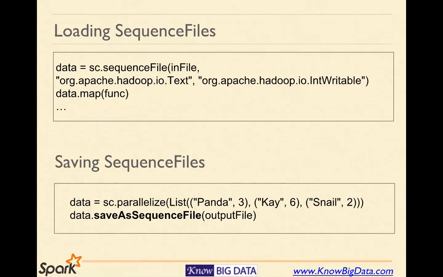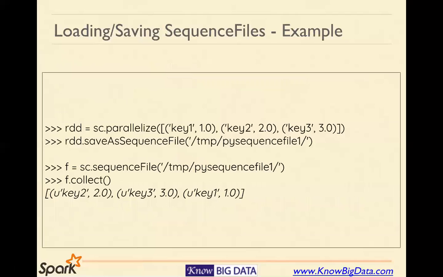Sequence file is nothing but a binary key value pair collection. So you have to specify what is the data type of the key and the value. Okay, this is something you will be informed upfront when you are given the data. All right.